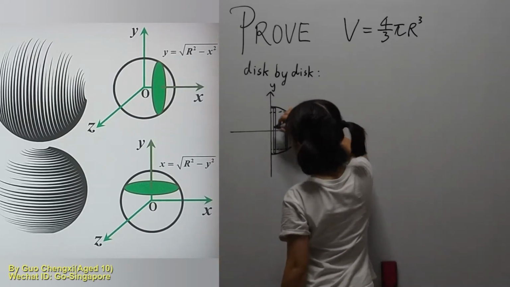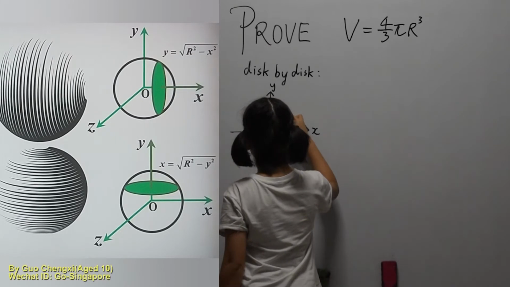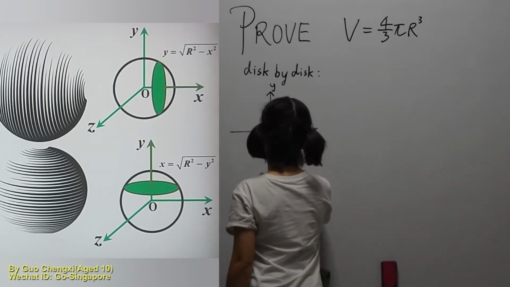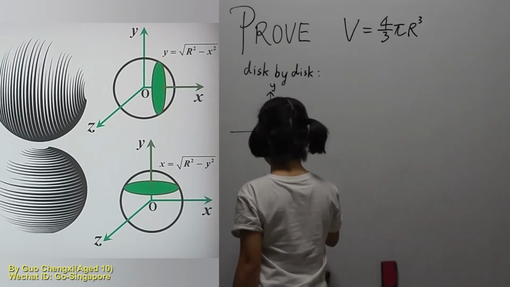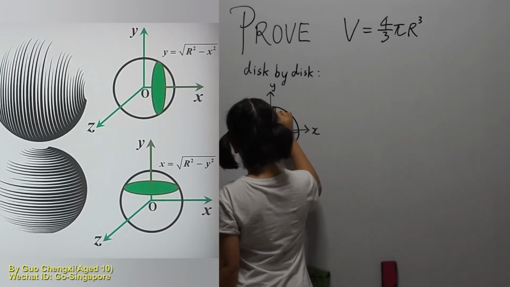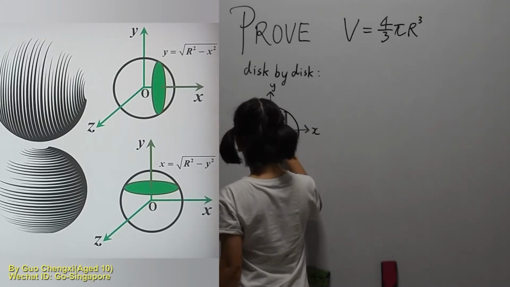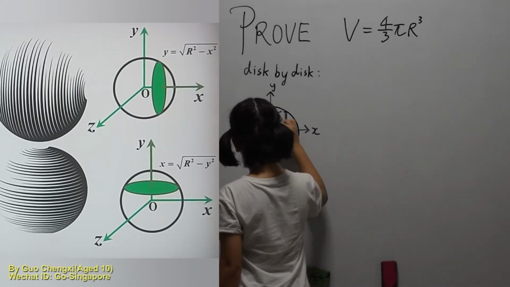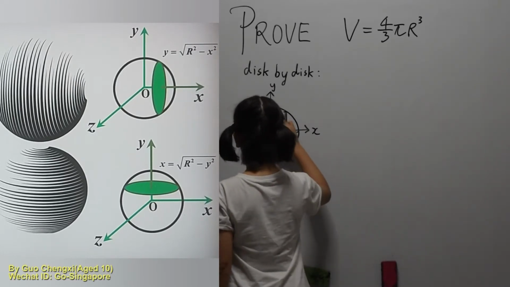So for this part over here, what's this length? This length is 1. But what about this length? This length is r, the radius. This length is also r. This length is also r. But here, this part is 0.